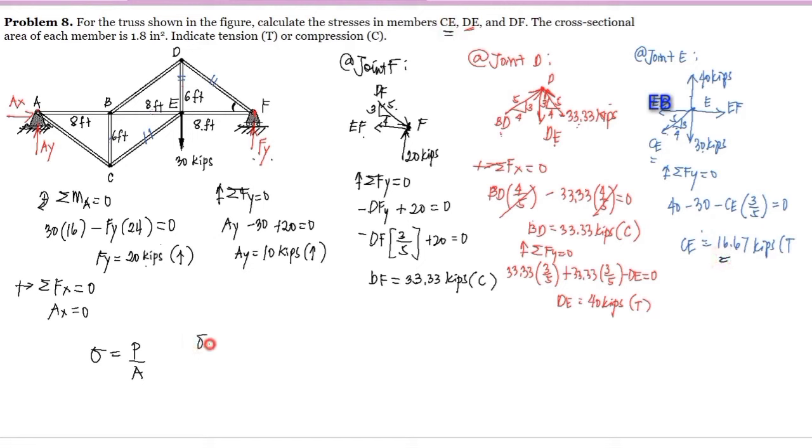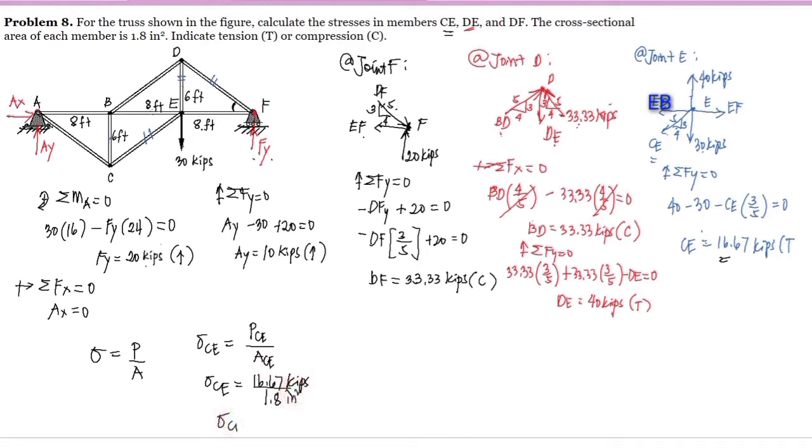So, stress in CE is equal to force CE over the area of CE. So, we have stress in CE is equal to 16.67 kips over the area of CE, which is 1.8 inch square.